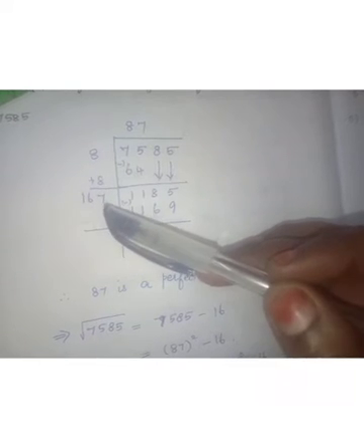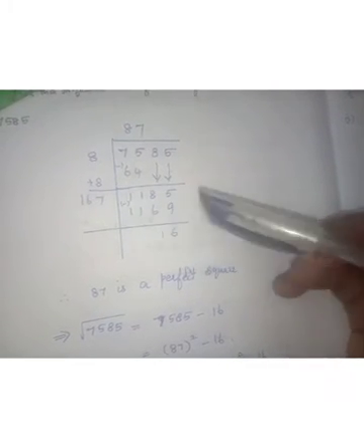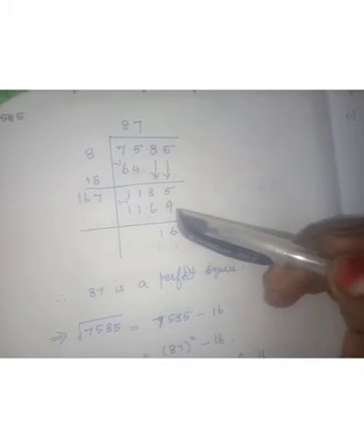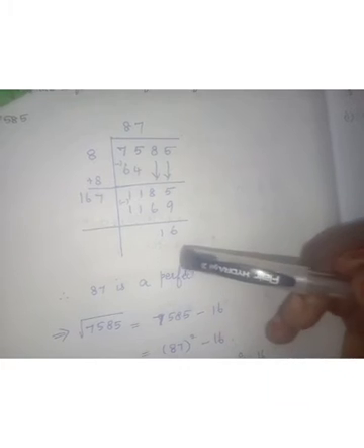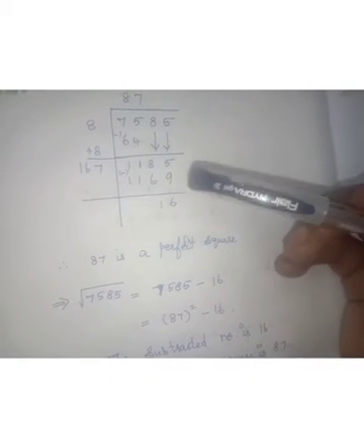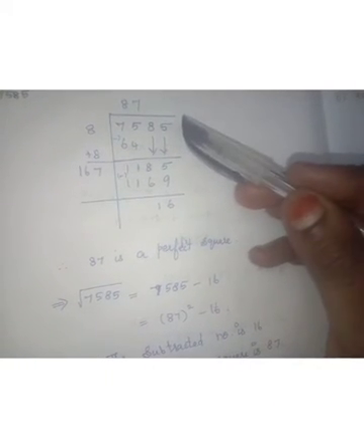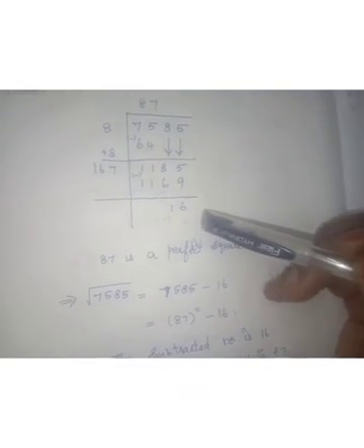So 167 into 7 you get 1169. You subtract this: 1185 minus 1169 gives 16. So 16 means not possible to divide, no other number in the question, so you stop the division.